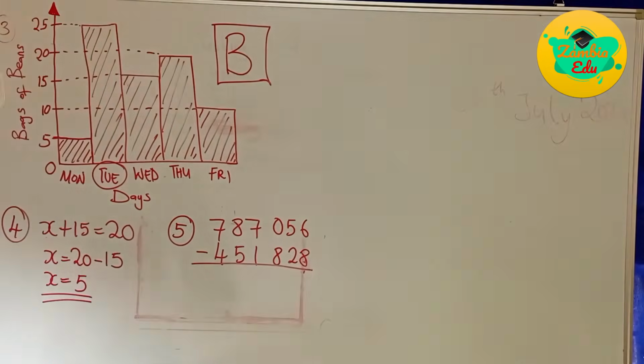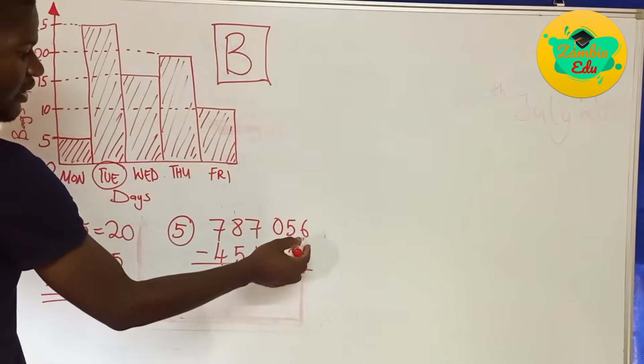So they want us to subtract 787,056 minus 451,828. So we begin our subtraction.